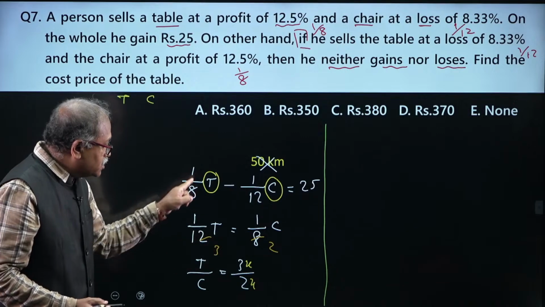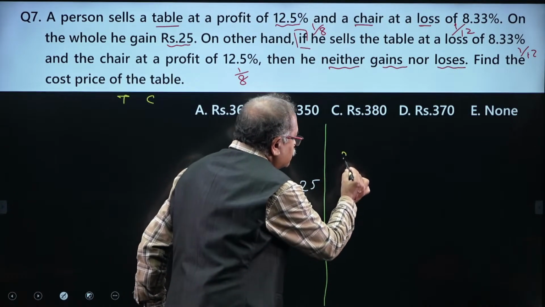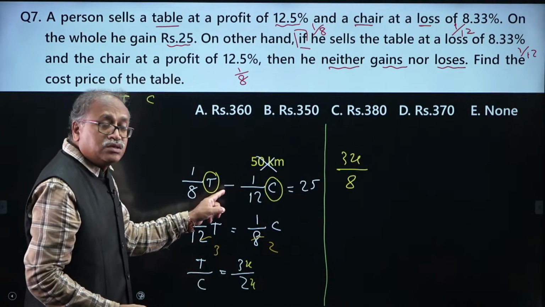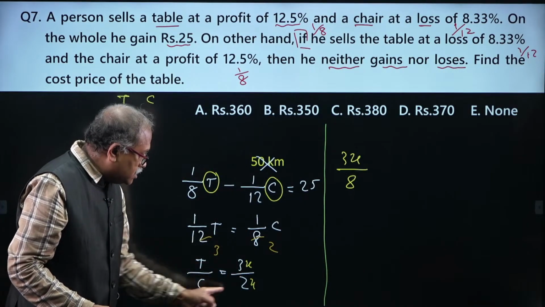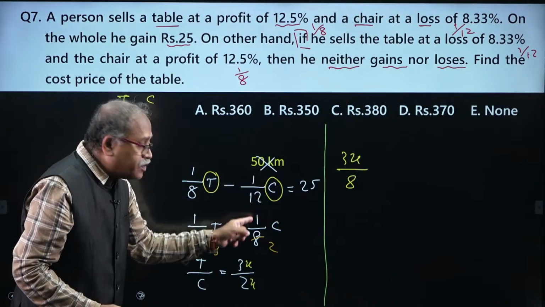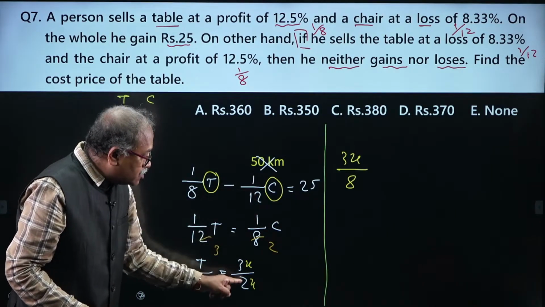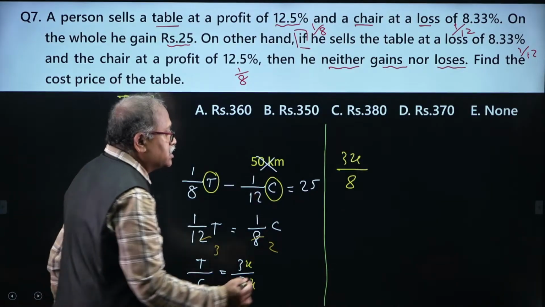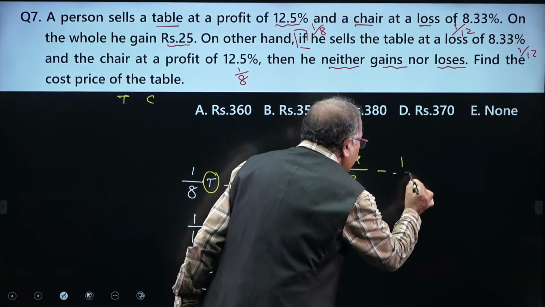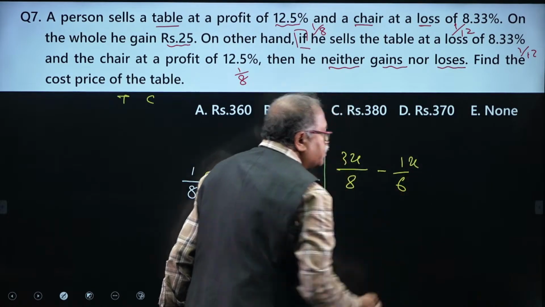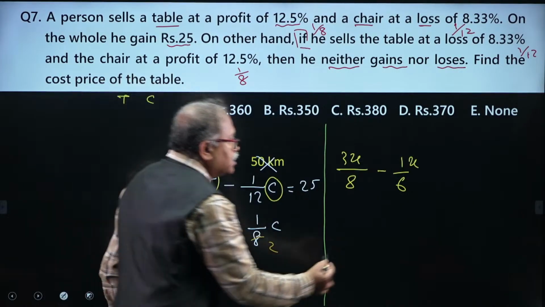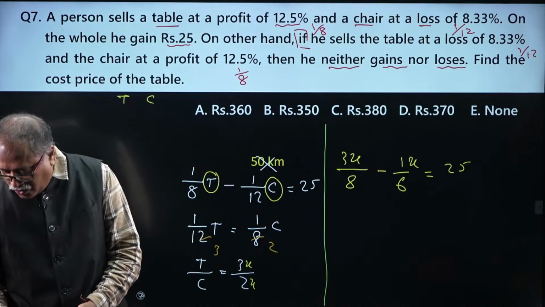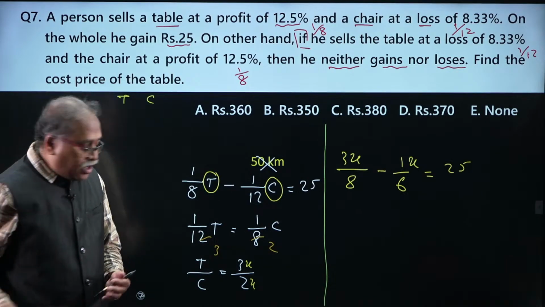So, that is 3x by 8, minus C which is 2x, 2x by 12, that is 2 and 12 get cancelled, that is 1 by 6. So, minus 1 by 6x or x by 6, which is equal to 25 given to us. I can find the x value. Did you get the answer?